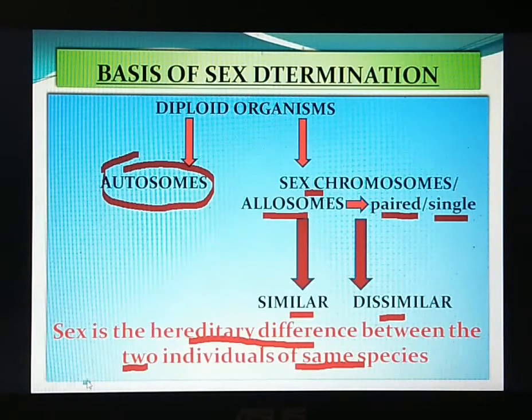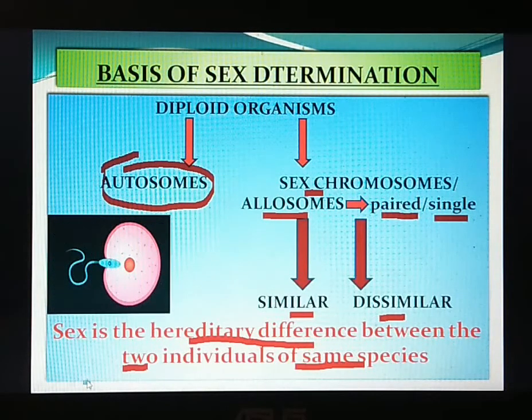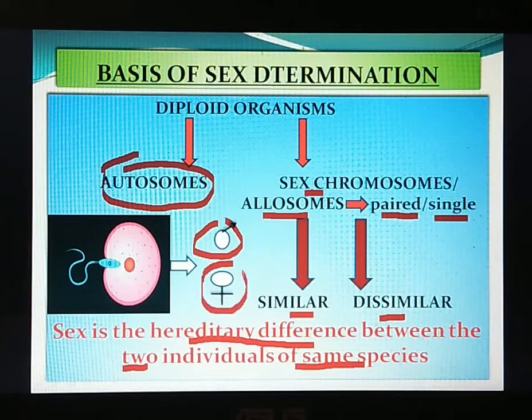It is determined at the time of fertilization, wherein the male and female gametes fuse together and we come to know whether an individual is male or female, right? So we can say, based on the sex chromosome, we can identify whether an individual is male or female.